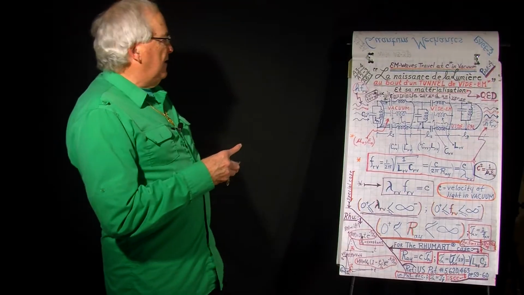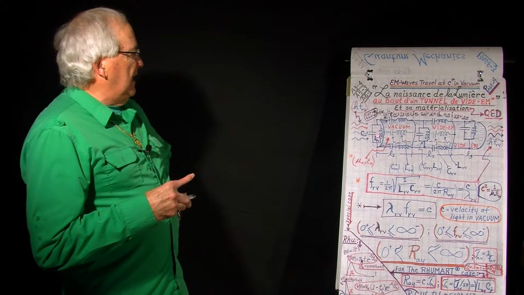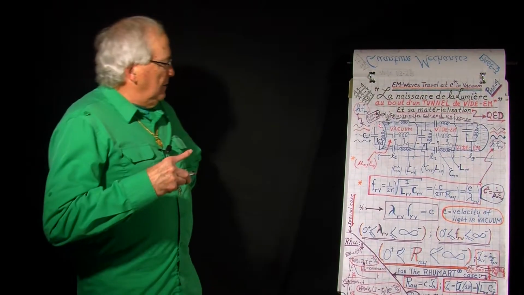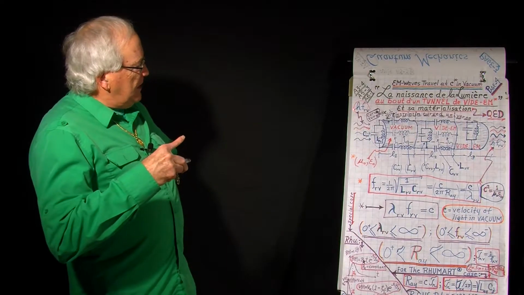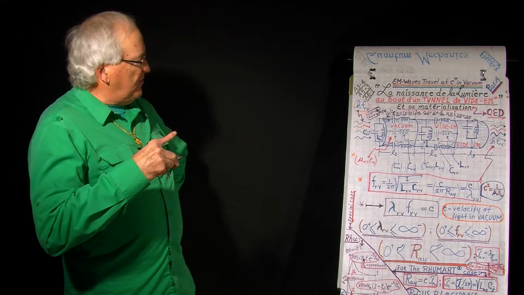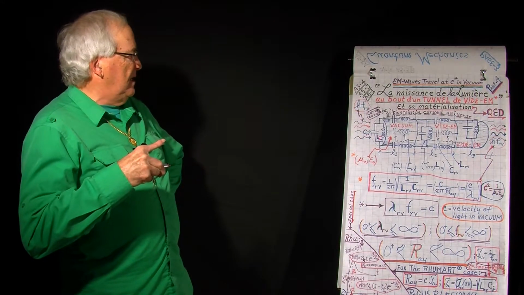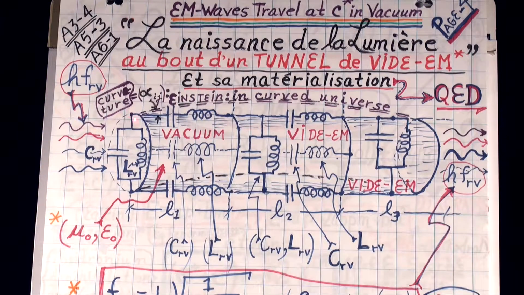Now, just to finalize this presentation, I want to show you a little diagram that is just like a tunnel of vacuum in which you would have an electromagnetic wave of resonance frequency that is a function of inductance and capacitance of vacuum, and to make you realize that when you do the mathematics of electrical engineering, at resonance, if the frequency is at resonance with the vacuum frequency according to the dimensions that are involved, then we have infinite electrical resistance, or infinite impedance, between the sides of the tunnel of vacuum.